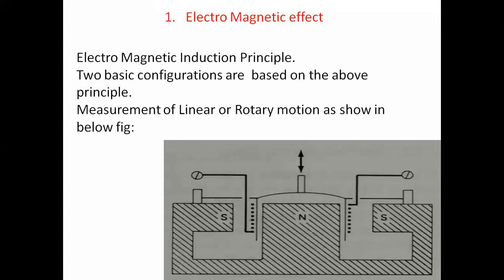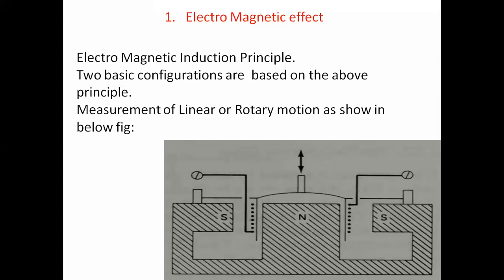In the electromagnetic effect, we use the electromagnetic induction principle. I think this was discussed in the previous class, but I am going to go over this topic again. Whenever a conductor cuts the magnetic field, an EMF will be induced in the wire or conductor.